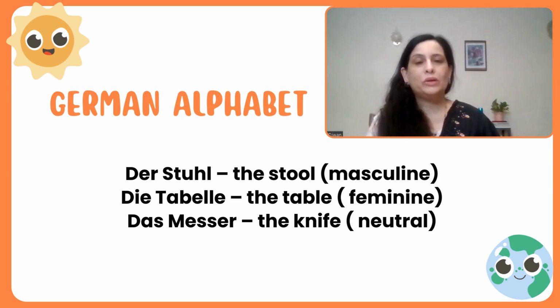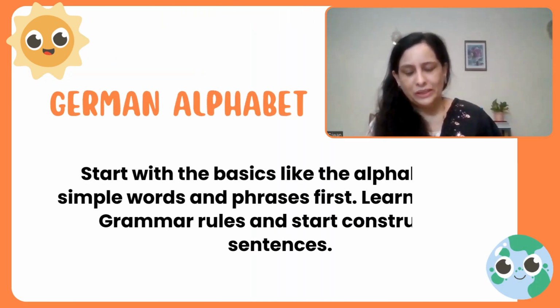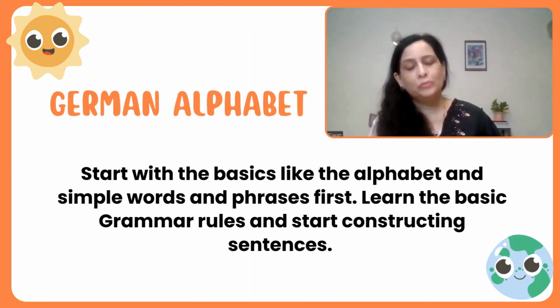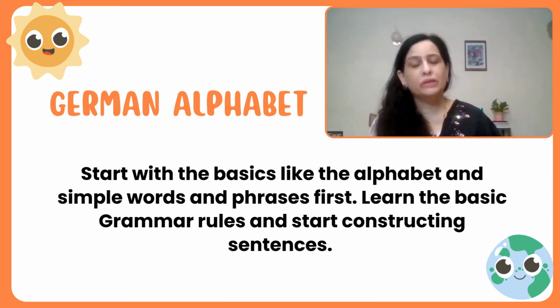And we have to capitalize the nouns. This is also very important in German grammar. This is the most basic rule, you can say. Now start with the basics, like the alphabet and simple words and phrases. We can combine all this together and make small sentences.